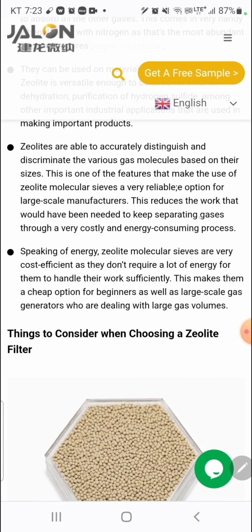Speaking of energy, zeolite molecular sieves are very cost-effective as they don't require a lot of energy to handle their work sufficiently. This makes them a cheap option for beginners as well as large-scale gas generators who are dealing with large gas volumes.